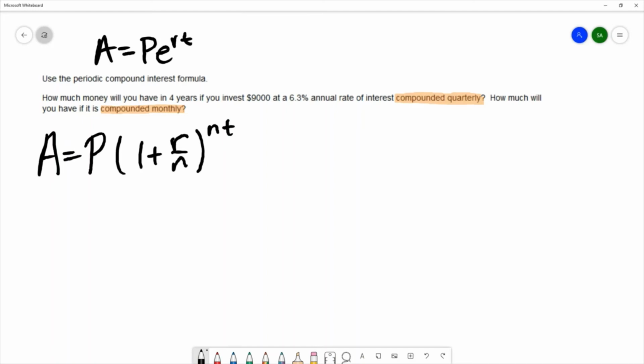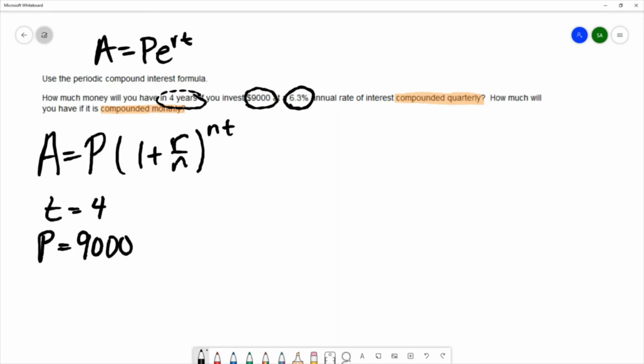So let's identify these different values within the problem. It says, how much money will you have after 4 years? So we have our time of 4 years. If you invest $9,000, that's our principal, our initial amount of money, at an interest rate of 6.3%, that's our rate, and we're going to write that in decimal form, 0.063.